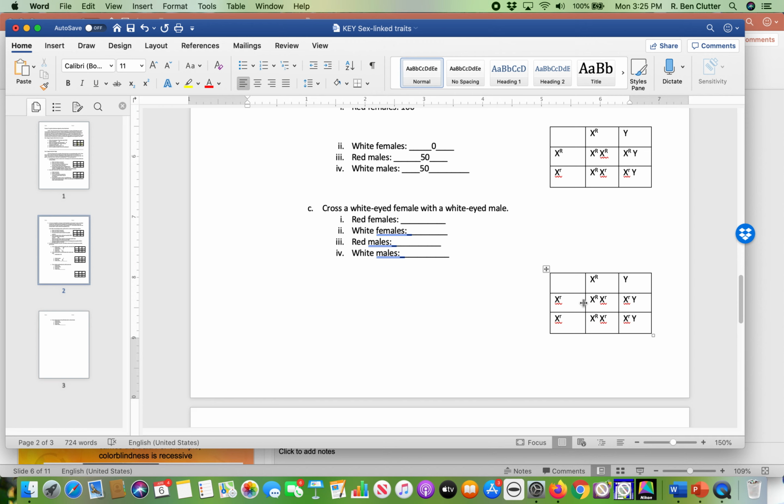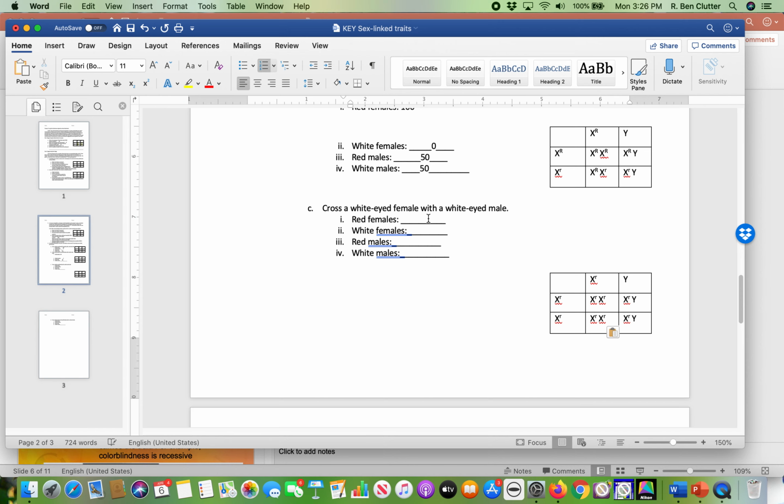So there we go, white-eyed female and a white-eyed male. All right, so here we go. And then this actually also looks correct.